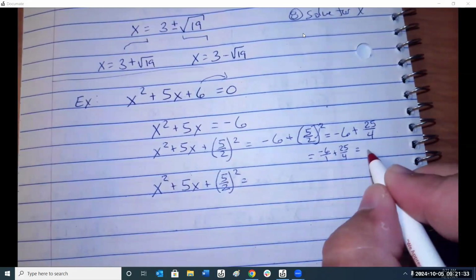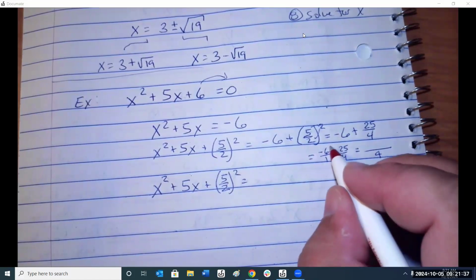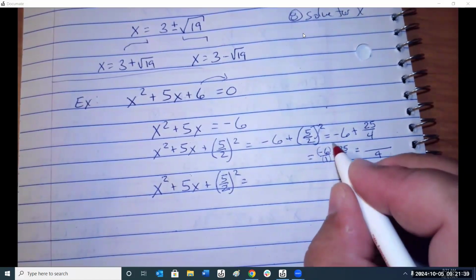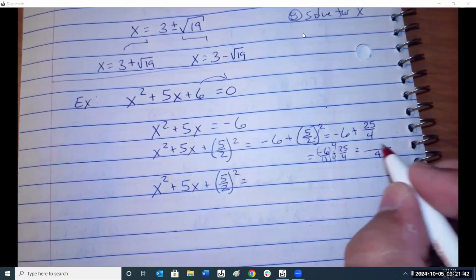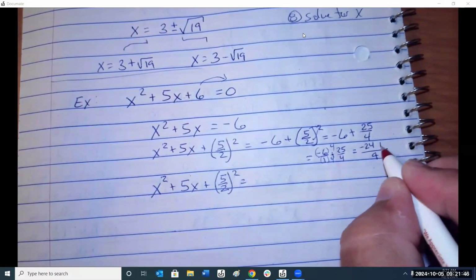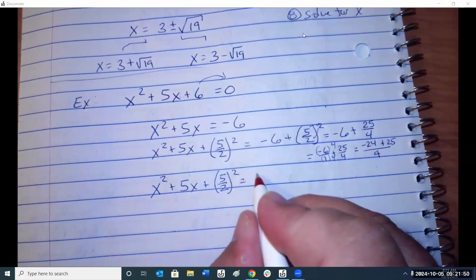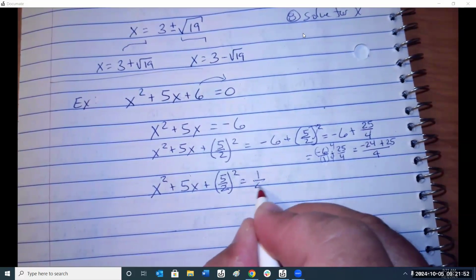The common denominator is 4. So I've got to multiply this one by 4 over 4. So -6 times 4 is -24, plus 25 over 4, which makes it 1 over 4.